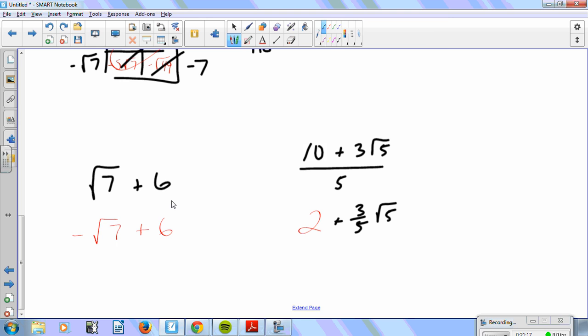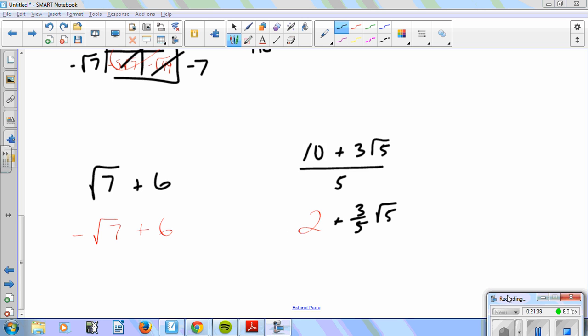So you might want to make a note in your notes that your conjugate is just changing the sign of the radical. Because it's in the form of a plus the square root of b, your square root is the only thing that changes the sign, not the whole number.